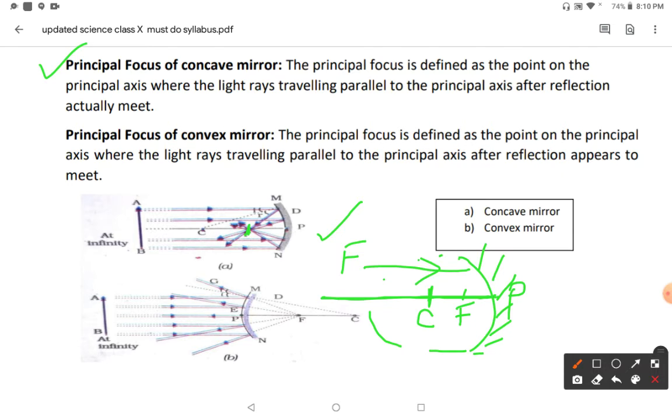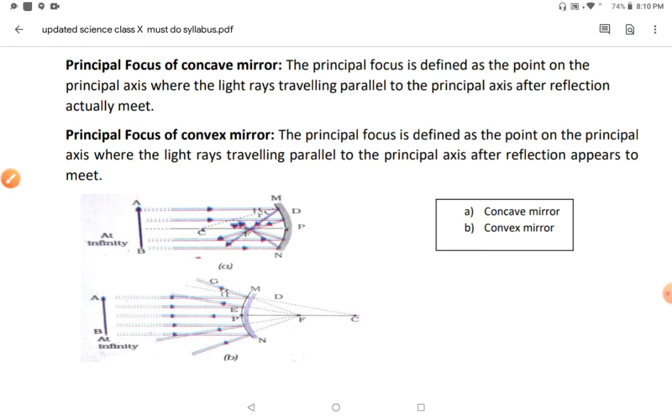If a ray is parallel to the principal axis, then after reflection it passes through the principal focus. Similarly, two rays are required for the formation of images, and again it passes through the focus. So after reflection, both the rays meet at a point on the principal axis, and this point is called the principal focus.